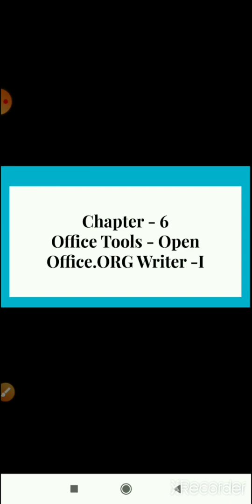Okay, now children, before starting this chapter, I want to tell you that if you have the computer system in your home, you can download the OpenOffice tools software in your computer system. Otherwise, if you don't have, it's okay, you can download the OpenOffice application in your mobile phone also.